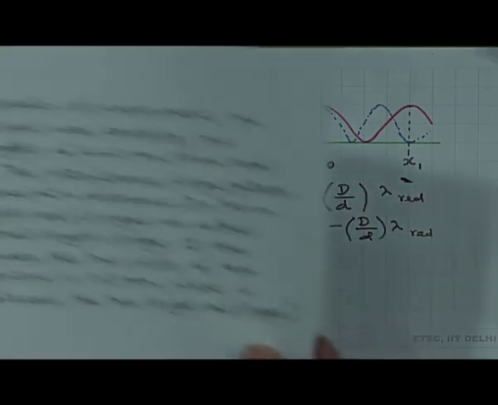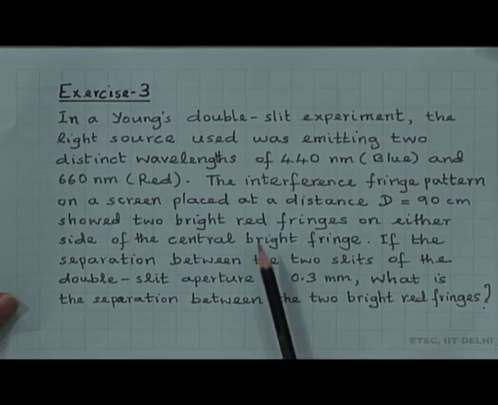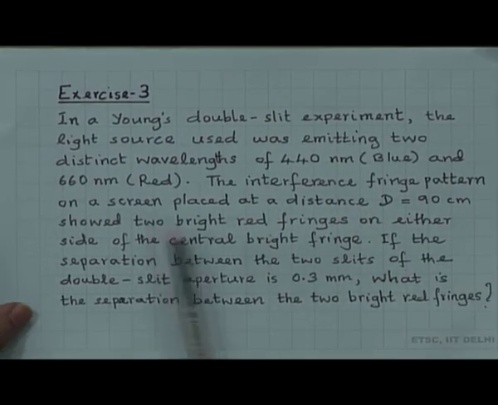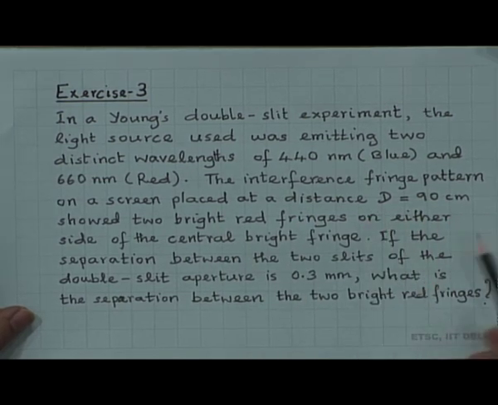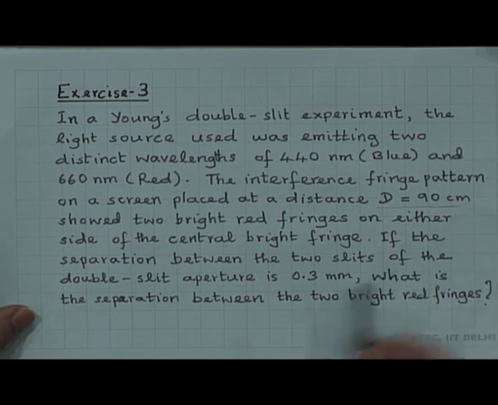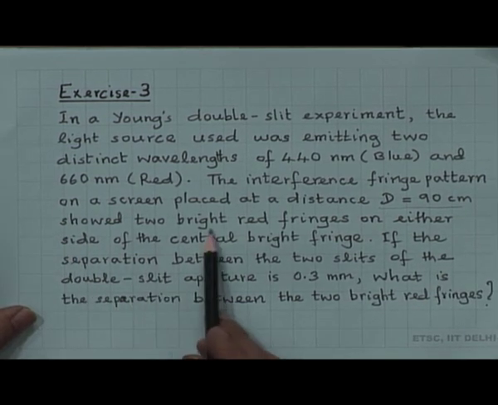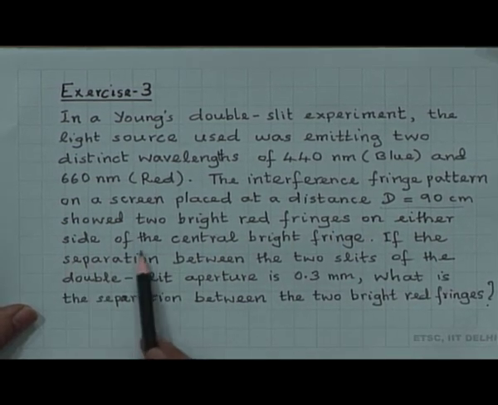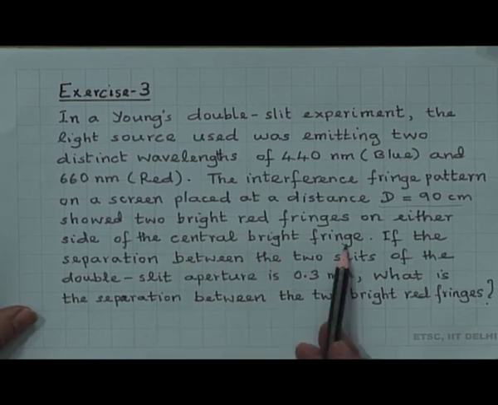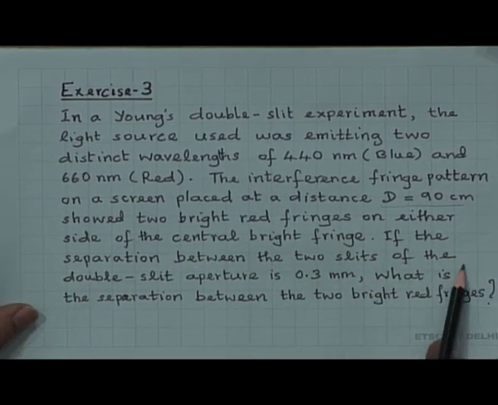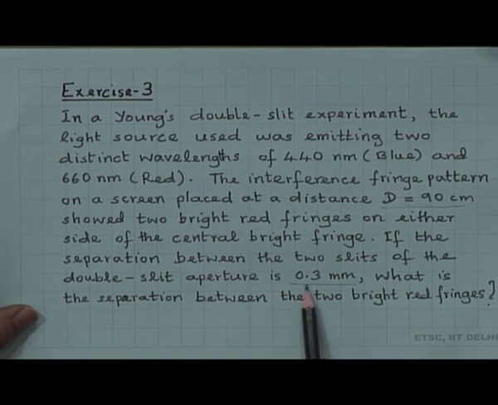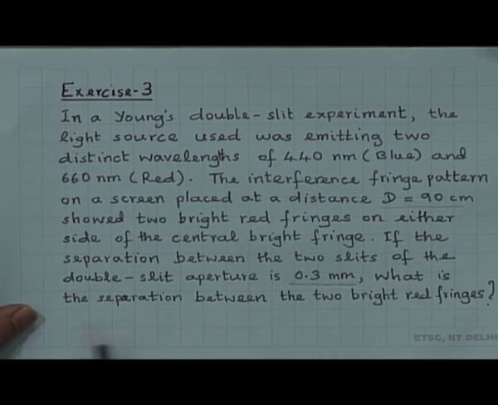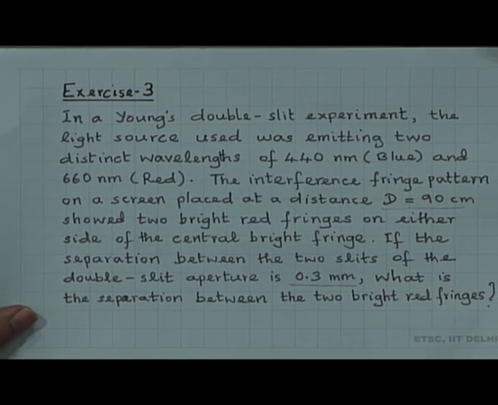So, let us look back at the problem now. The interference fringe pattern is on a screen placed at a distance D equal to 90 centimeters. So, D is here 90 centimeters. It showed two bright red fringes on either side of the central bright fringe. The separation between the two slits of the double slit is 0.3 mm, that is small d is 0.3 mm. What is the separation between the bright fringes?